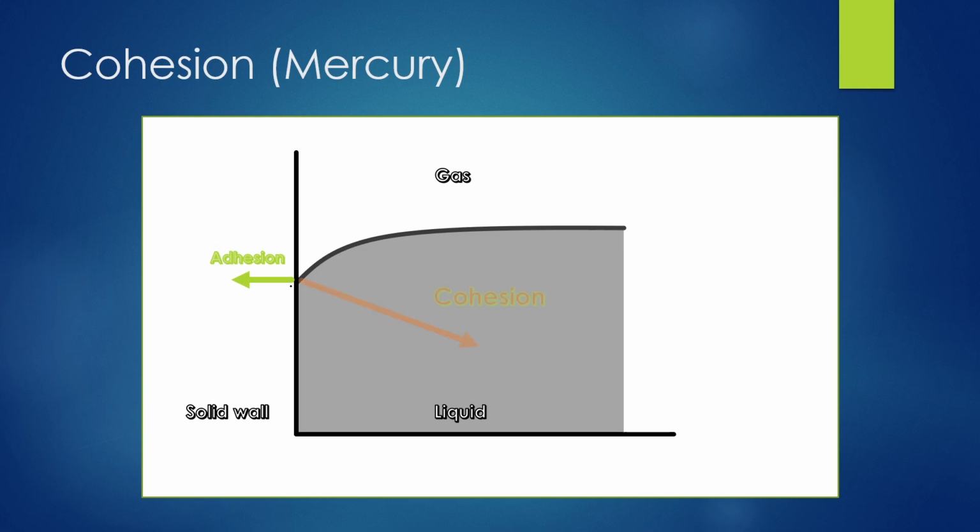We have the forces of cohesion directed in the mass of the fluid, and when we plot the resultant force of these two forces, what we get is a force that looks something like this. So this would be the resultant force in mercury, for example, because intermolecular forces in mercury are much larger than in water. What we have is cohesion being much stronger than adhesion. We have the non-wetting scenario. Okay, remember that.